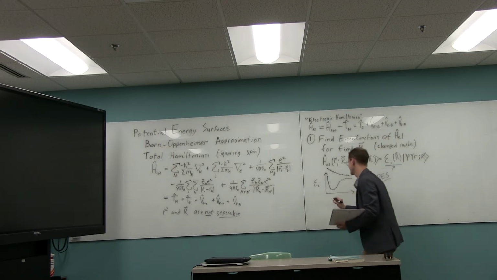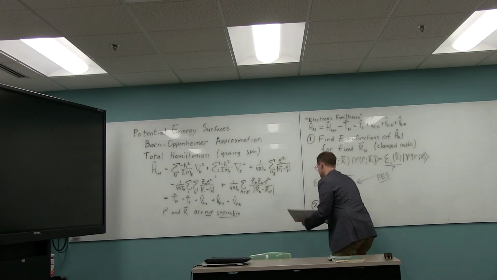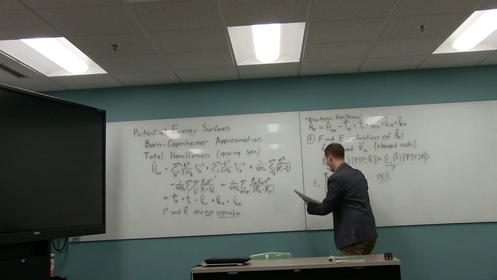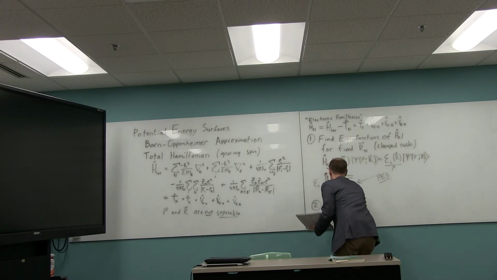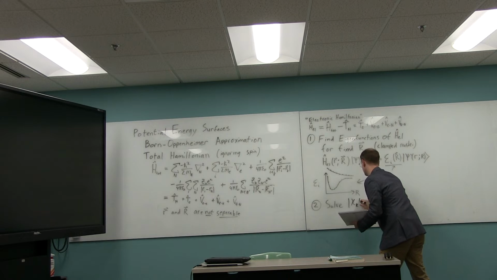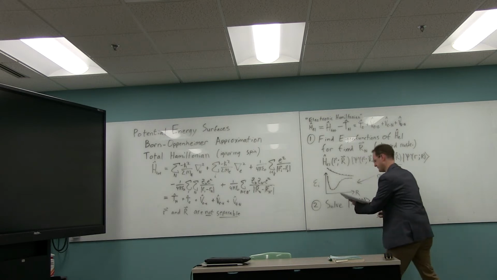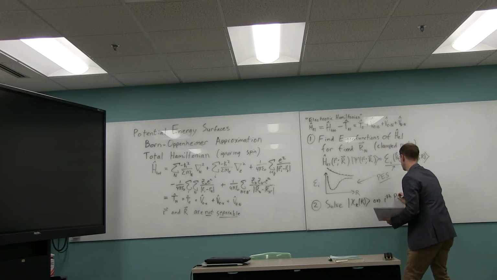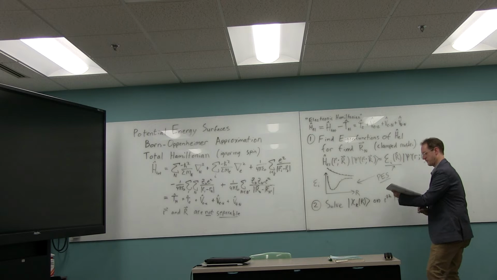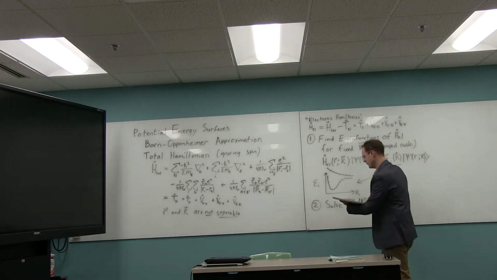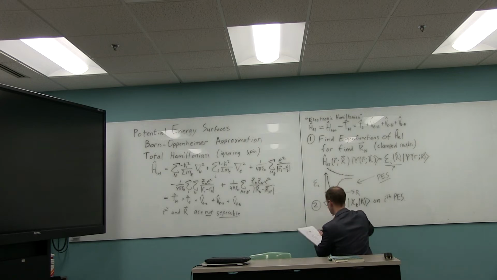Step number 2 is after obtaining the electronic potential energy surface, we solve for the nuclear motion on that surface. So we solve to obtain a nuclear wave function. Well, I'll call that chi of R on the ith potential energy surface. Okay? And so explicitly what that means is we take a time-independent Schrodinger equation.